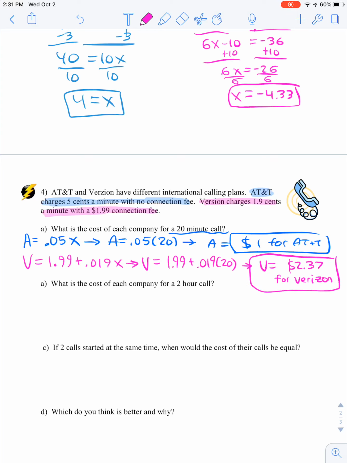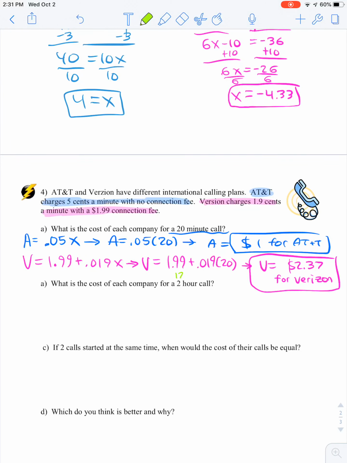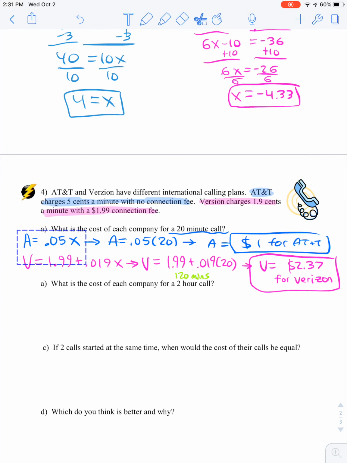Now, the second problem is for a 2-hour call, or 120 minutes. We're going to do this very, very similarly. So I'm going to take those previous equations and just cheat and copy them over.